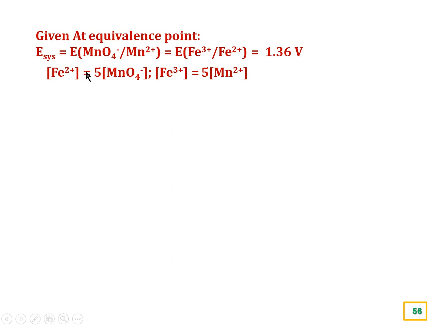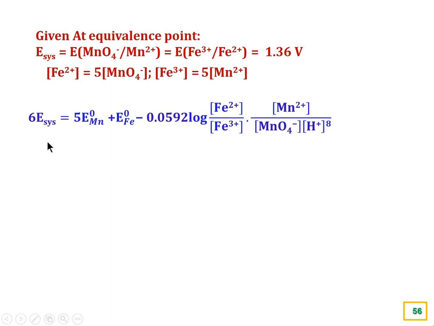And at equivalence, Fe2+ equals 5 MnO4-, we proved this, and Fe3+ equals 5 Mn2+. So we put the concentration of Fe2+ and Fe3+ by their value of MnO4- and Mn2+.